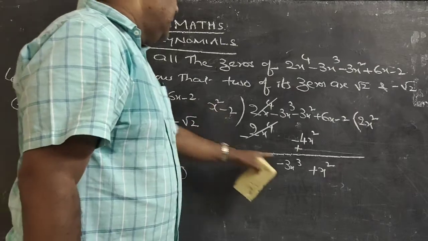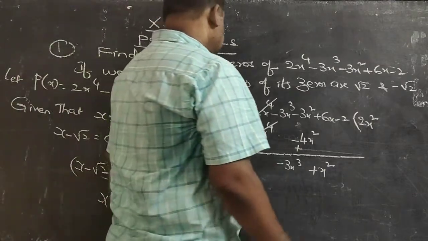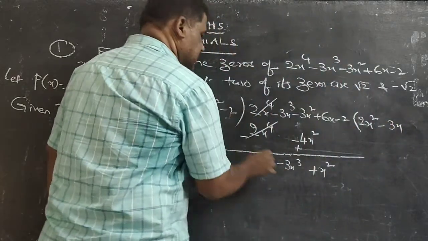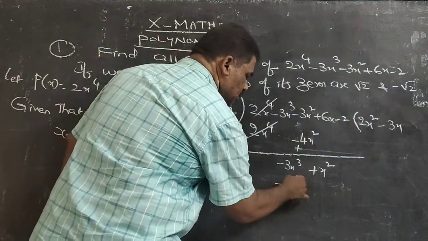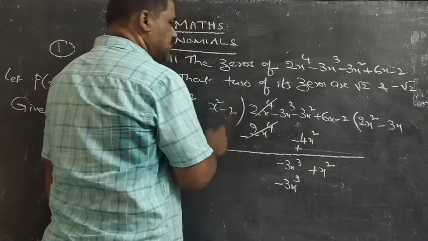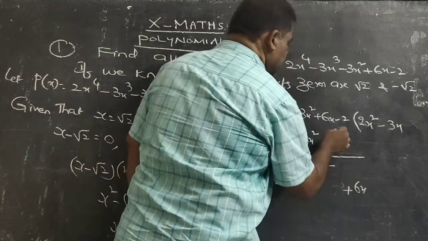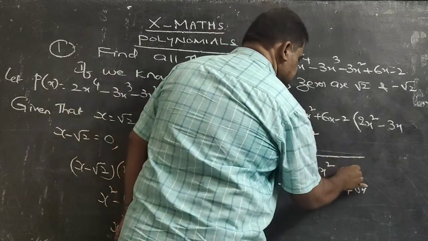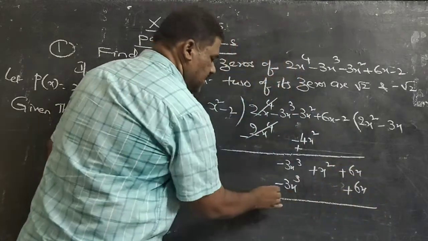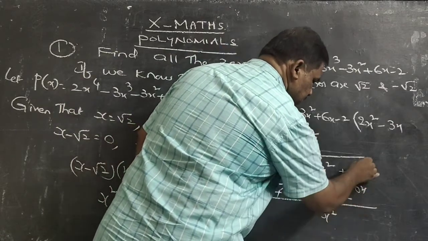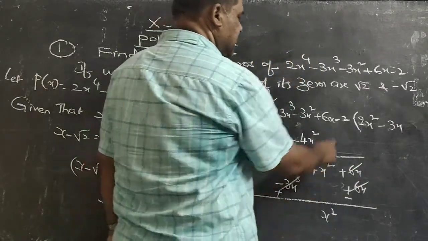Now x square into how much is equal to minus 3x cube, that is minus 3x. Minus 3x into x square is minus 3x cube, minus 3x into minus 2 is plus 6x. Here next term is plus 6x. This is x square. 6x minus 6x cancel.